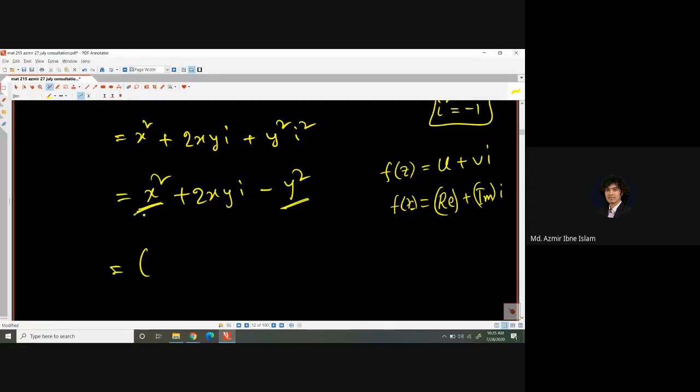You can see x squared and negative y squared don't have i terms. So these are i-free, so we are grouping them, and we have i here only. So this is our imaginary part. So we are just proceeding this way.